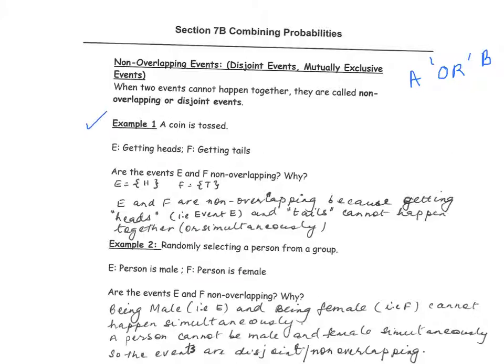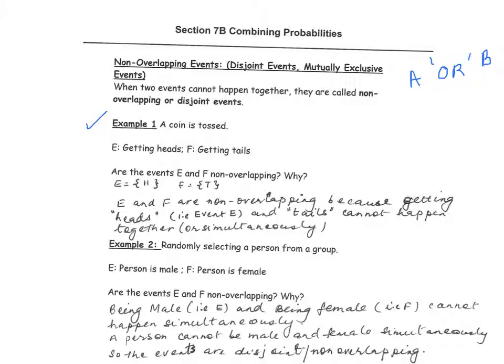Let's look at a simple example to understand the definition of disjoint events.